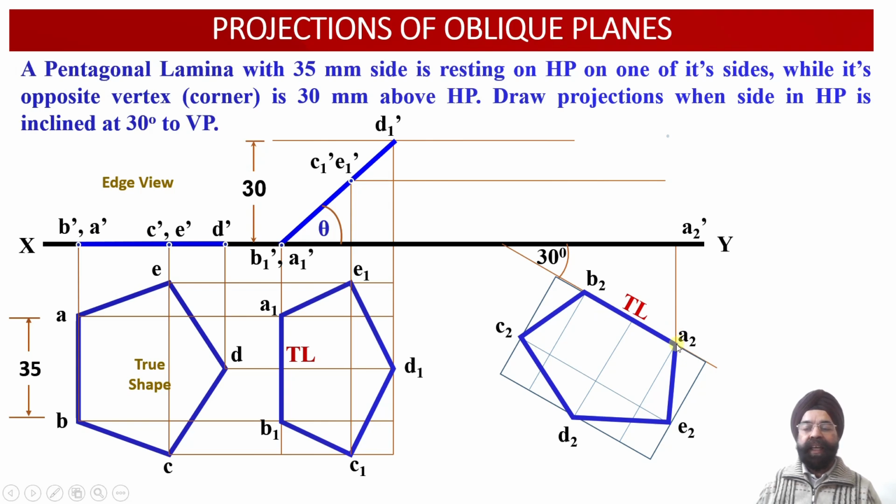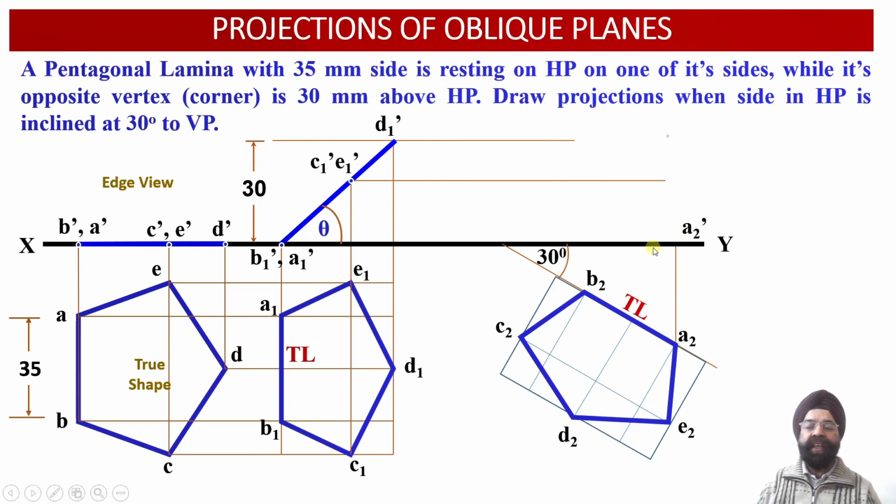So let us start. From point A2, we are going to draw a vertical projector in the upward direction. Extend this projector till it intersects with the horizontal projector which has been drawn through the point A1 dash. So this is the horizontal projector through A1 dash, and this is the vertical projector through point A2.